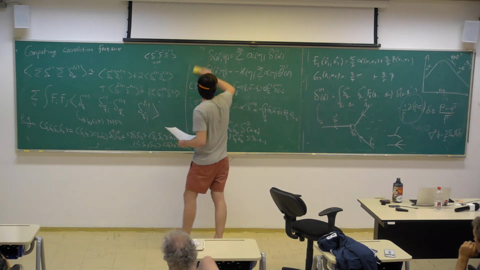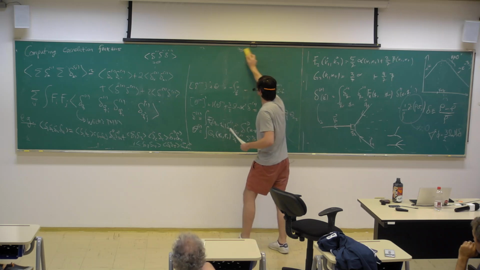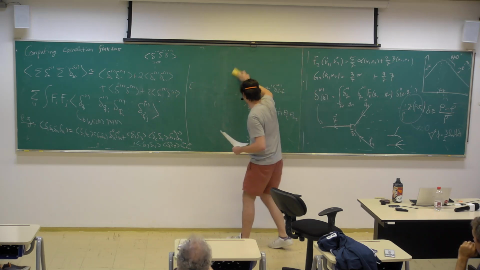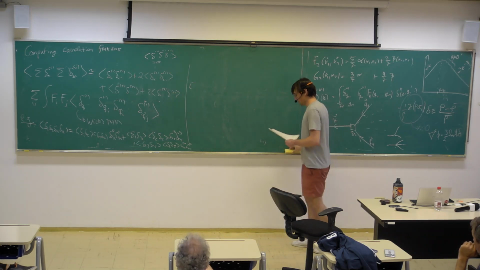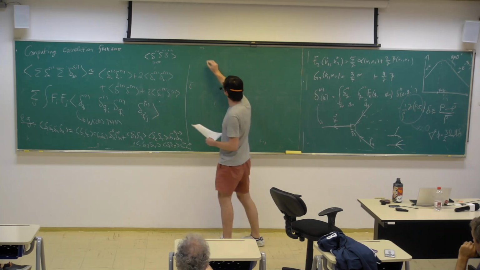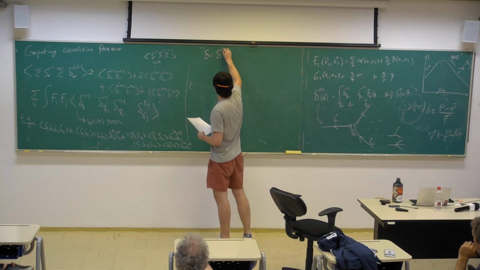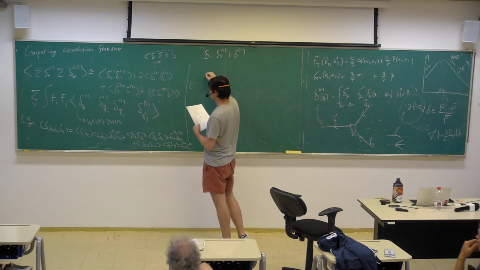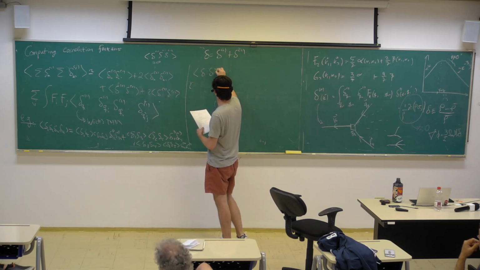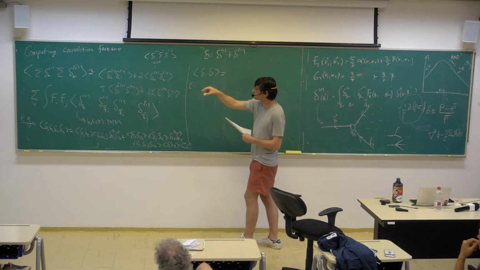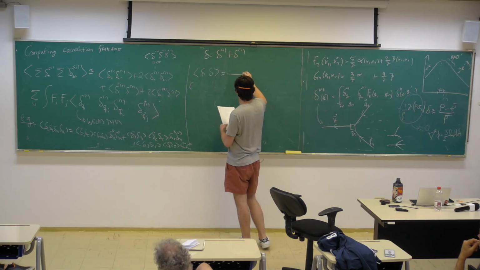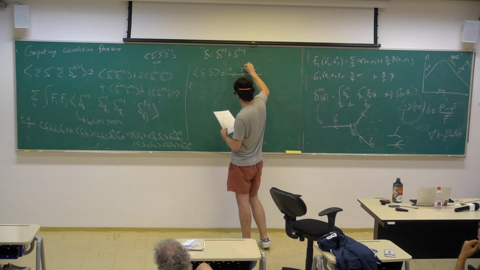So let's compute the first correction to the power spectrum. Delta is the linear solution plus the second order solution. And so if I compute delta delta, this is the 1, 1 contribution that I wrote over there. So this is k prime k, and this dot is P linear.